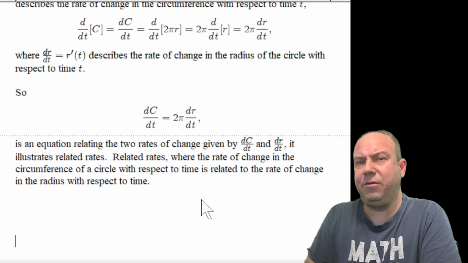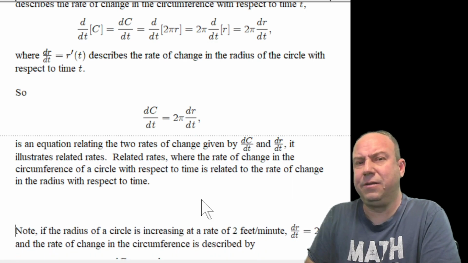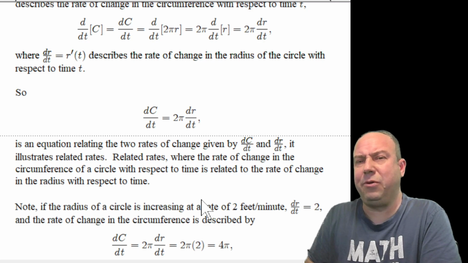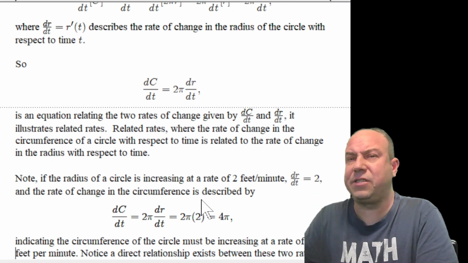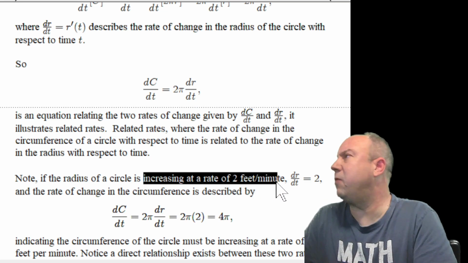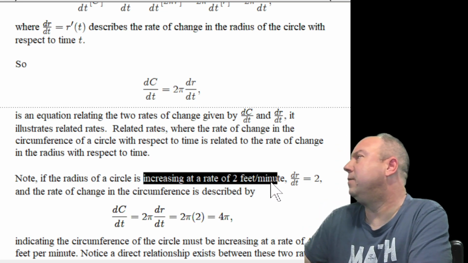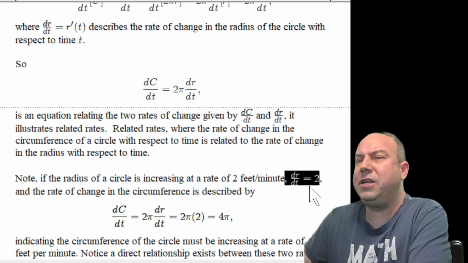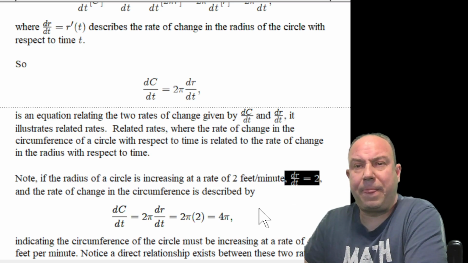Let's bring this into view. For example, if I have a radius of a circle that is increasing at a rate of 2 feet per minute, that means dr dt is equal to 2.